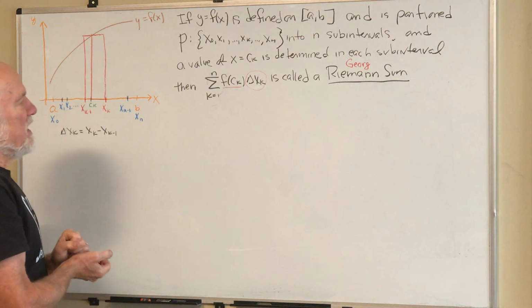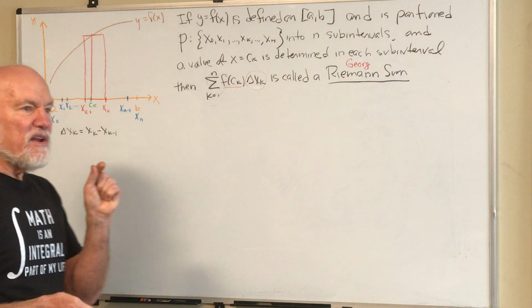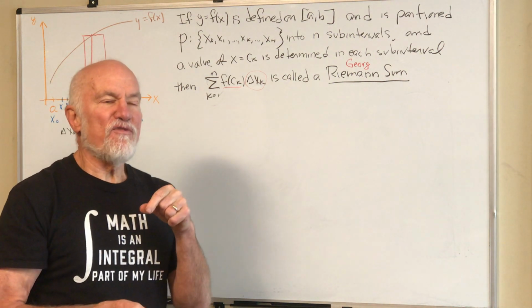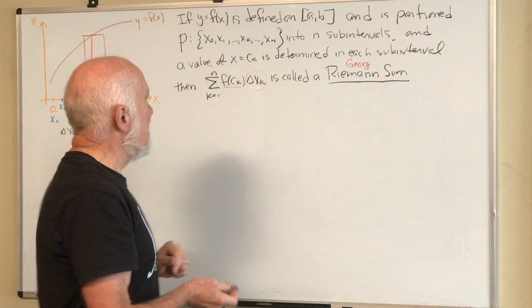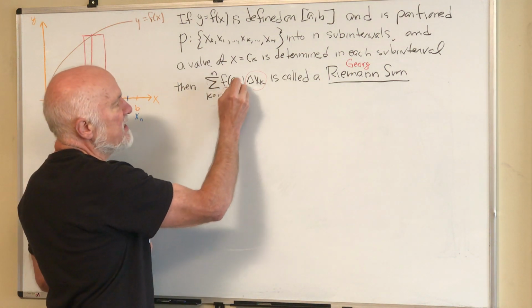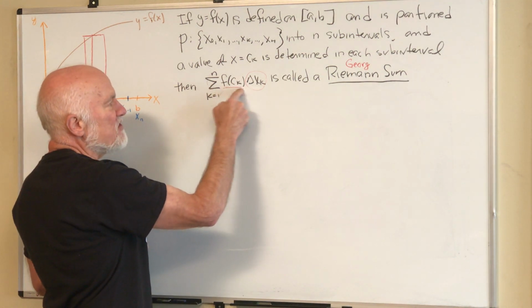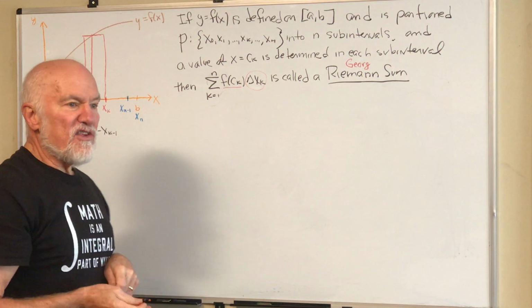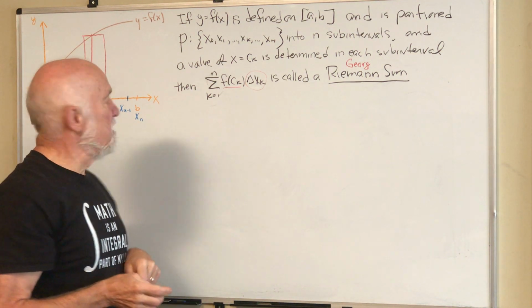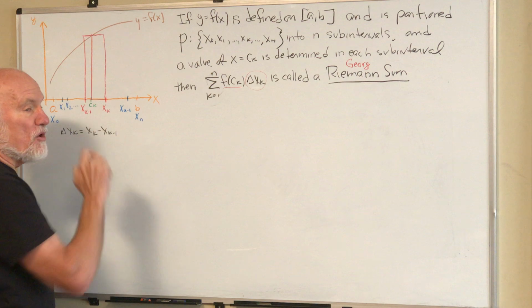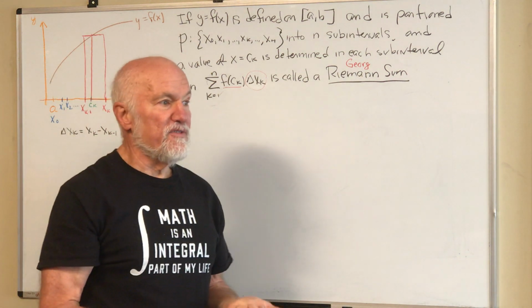So it was a little bit of a white lie when I said it's finding the area. Because if you look at this closely, f of c sub k doesn't have to be a positive number. If the function were to drop below the x-axis, then it would be negative.